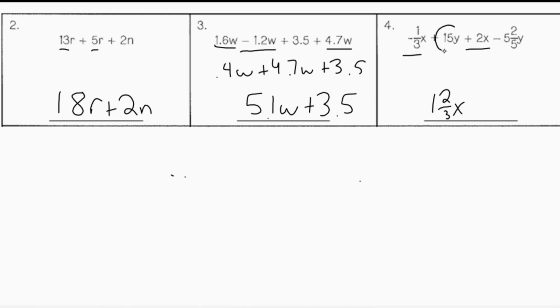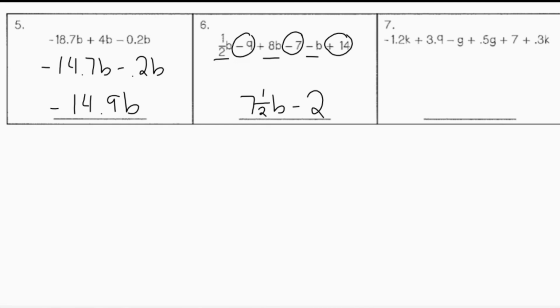Then I want to combine my 15y and my negative 5 and 2/5 y. 15 minus 5 and 2/5. 15 minus 5 is 10. And then 10 minus 2/5 would be 9 and 3/5. So I'm going to add 9 and 3/5 y to my 1 and 2/3 x. So my simplified expression for number 4 is 1 and 2/3 x plus 9 and 3/5 y.